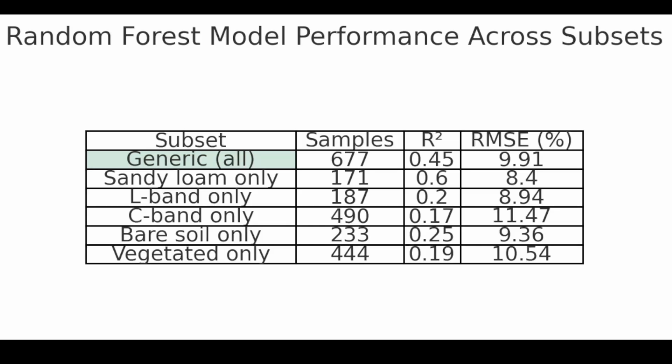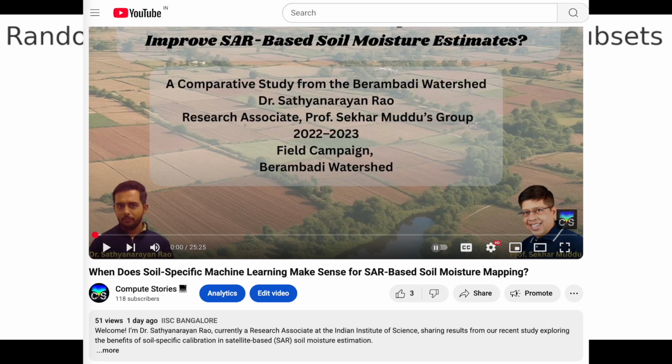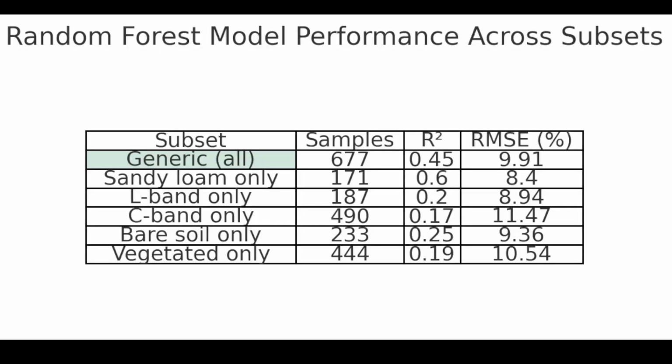So this means that simply splitting the data by the radar band or land cover does not lead to better prediction for the random forest. And there is something really special about the sandy loam. So whatever the message that I gave in the previous video is still holding good.